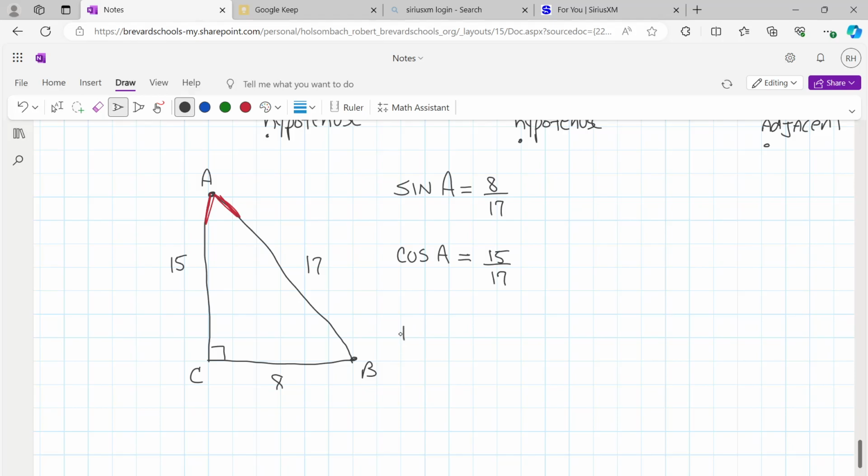And then tangent of A, and we just abbreviate tangent with tan, that was the TOA. Tangent equals opposite side over adjacent side. So that's going to be opposite of A is 8, and adjacent to A is 15.